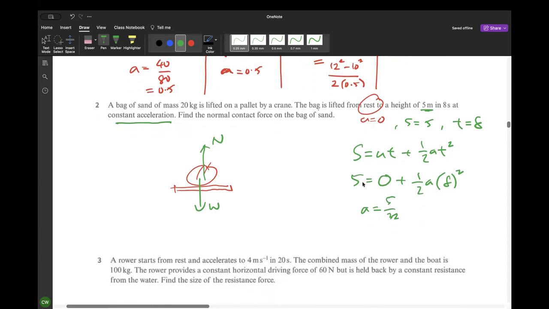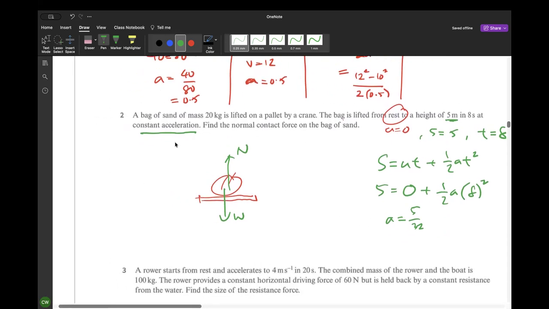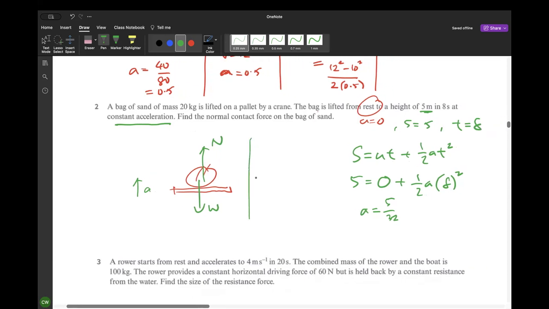Okay, so after that, Newton's second law. It is now going up. Going up means the upper force is larger than the lower force. When you apply F equal ma, you need to know which is larger. Larger one is N. Smaller one is W. N minus W equals ma.